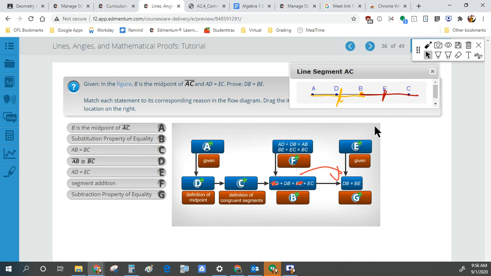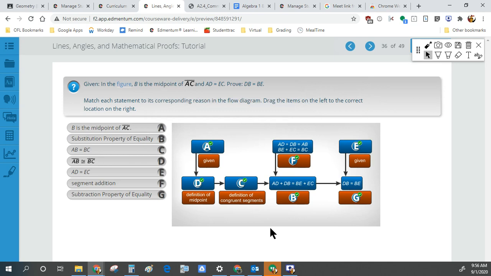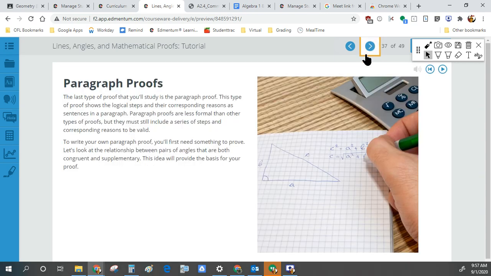So this is basically proofs in a nutshell. I've seen some students just drag until they get it right. Try to understand this, because if you just drag it until you get it right, it's really going to hinder your learning. I know it takes a while to do these, but I do want you to go through them.